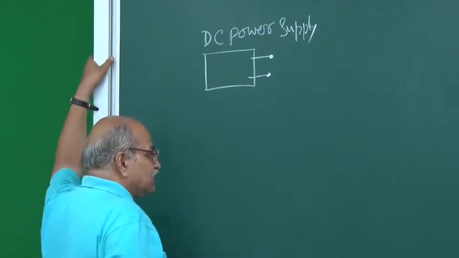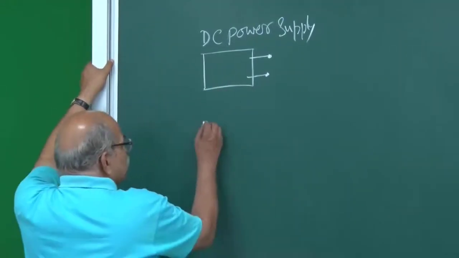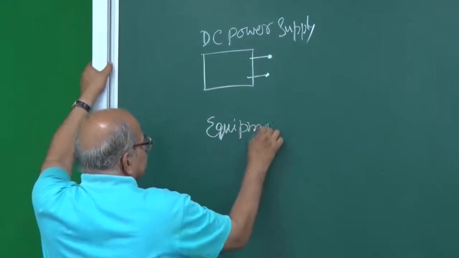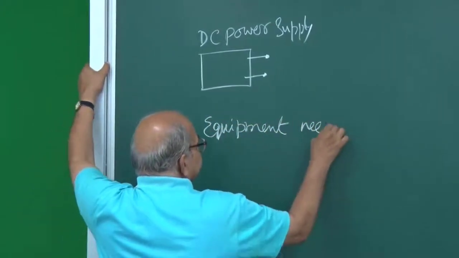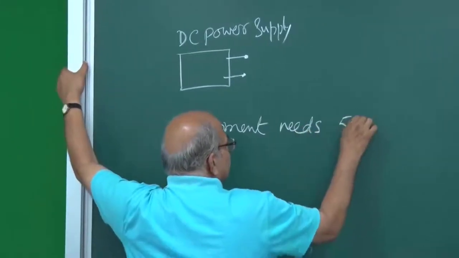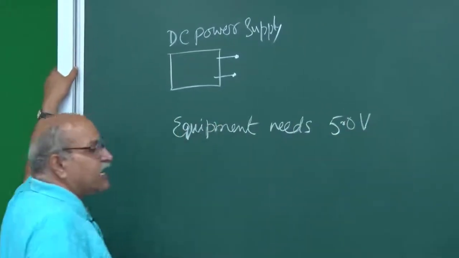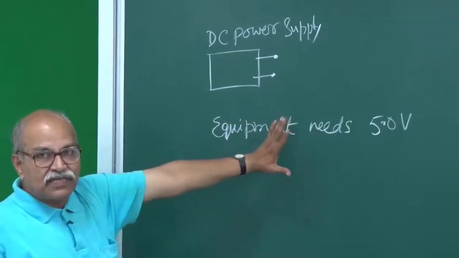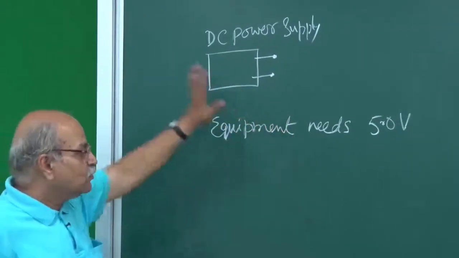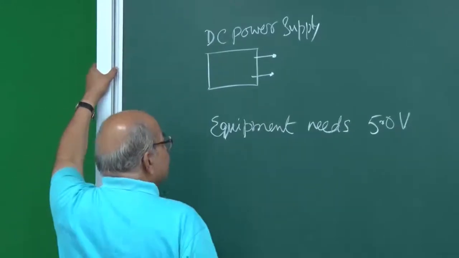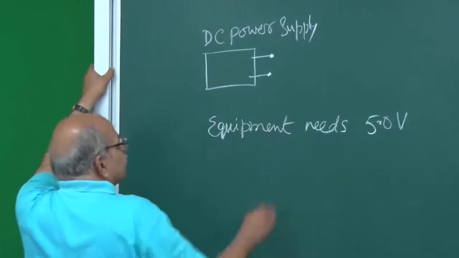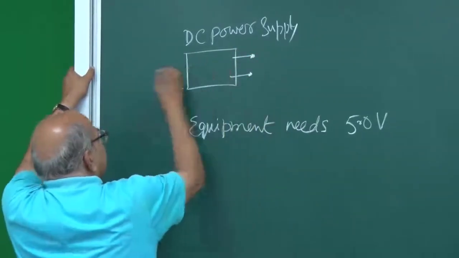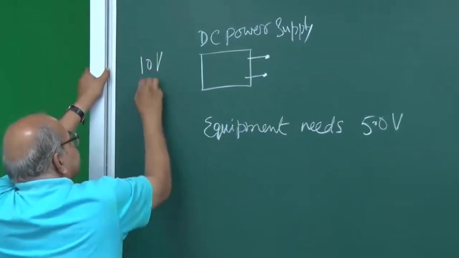Suppose I have some equipment which needs 5.0 volt, not less, not more. What can I do? I can create a circuit. I can take this power supply here, and suppose this is a 10 volt power supply.